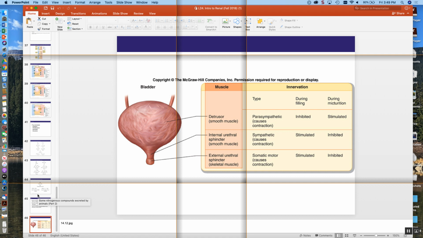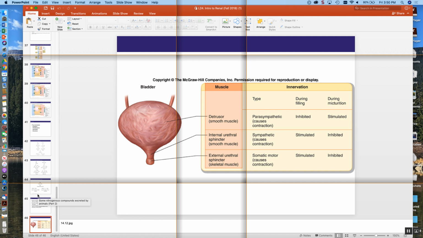So just to save time here, the smooth muscle that is surrounding your bladder is called the detrusor muscles, and they're under parasympathetic control. Usually during filling, they're inhibited, but when you urinate, the official term is micturition, you stimulate those detrusor muscles to contract.